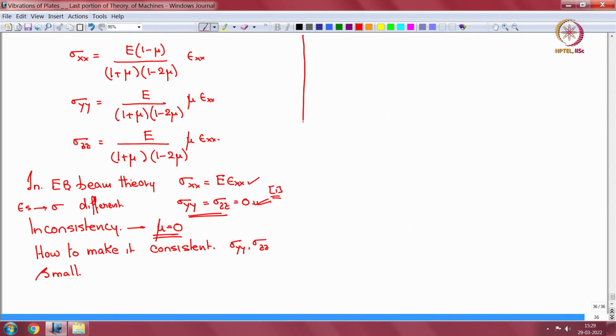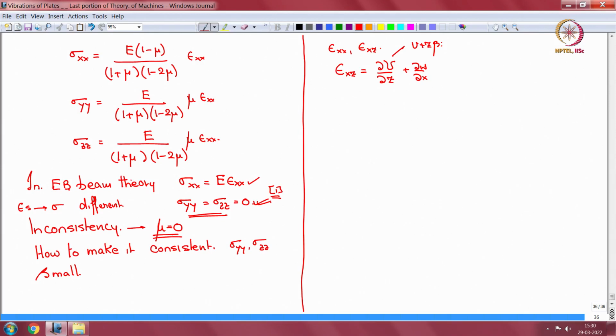Now the other is this, okay. We were finally left with what? Epsilon xx and epsilon xz, okay. But you see now with epsilon xz what happens? Epsilon xz is given by what? del U del z plus del w del x, okay, and this big U was what? Small u plus z beta.